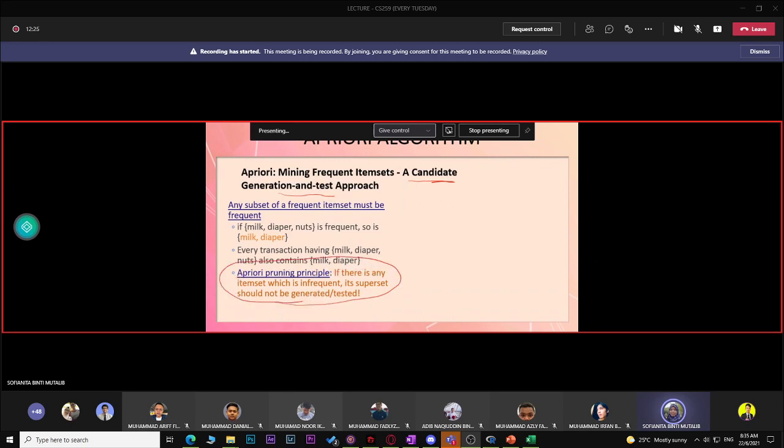The golden rule for Apriori: if an item set is infrequent, its superset should not be generated. So if the subset like A, B, C does not occur, the superset of A, B, C cannot occur, or A, B cannot occur.